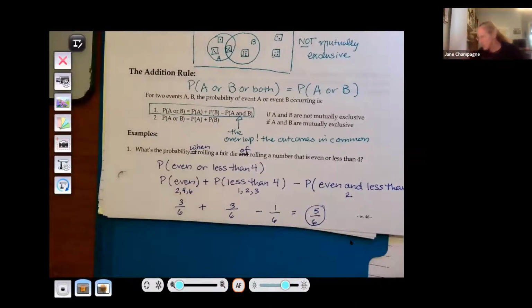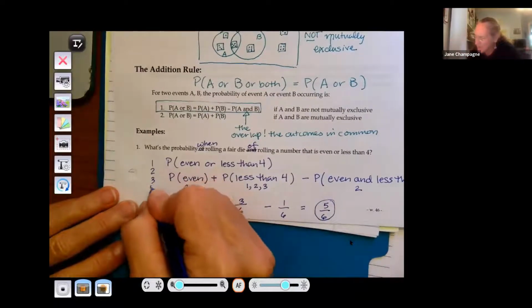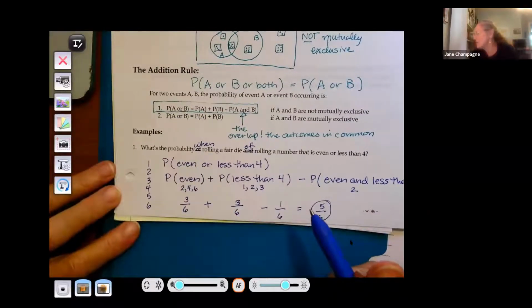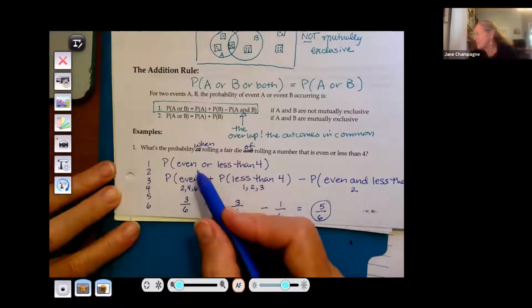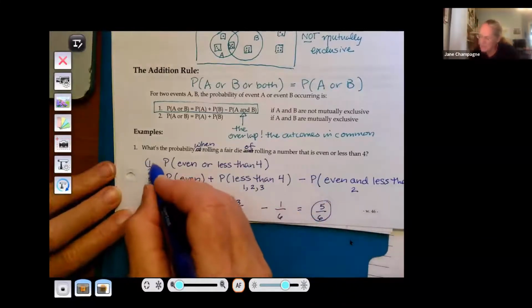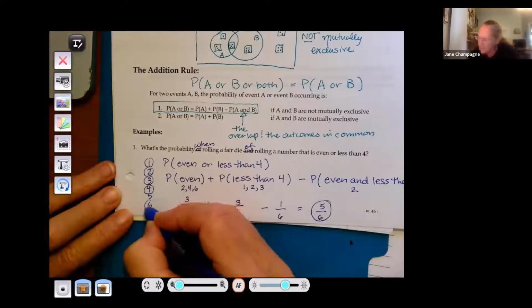Now, you could do that by just looking at the rolls. If you think about it, we've got 1, 2, 3, 4, 5, and 6 as outcomes. What are the ones that are either even or less than 4 or both? Well, these are less than 4 and these are even.